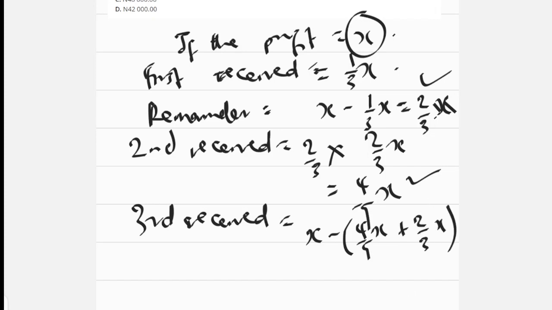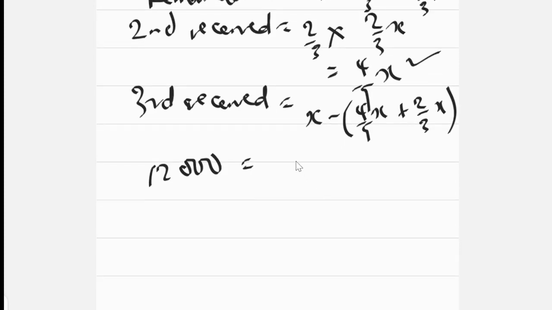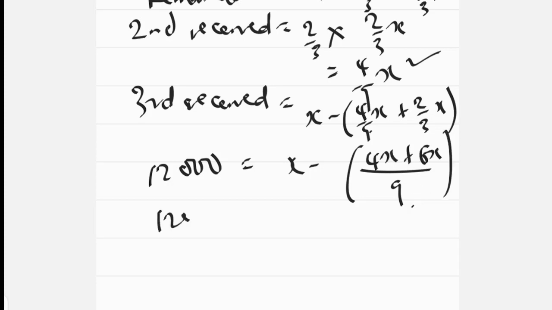And we were given the amount the third one received to be 12,000. That is, 12,000 is equal to x minus. So you can collect the like terms. Your LCM is 9, right? That is 4x plus 6x. So this 12,000 is equal to x minus 10x over 9. Then you find the LCM as well.